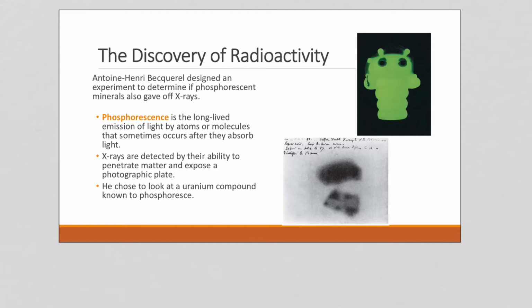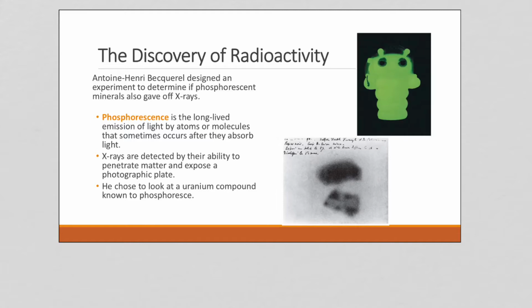So, in other words, he was looking for phosphorescence. He was studying these ideas of phosphorescence, but some of the compounds he was studying contained uranium. What he discovered was that this uranium, even when it had not been exposed to light, was put in a drawer, wrapped in a cloth, and the story goes that he accidentally, or maybe it was on purpose, I'm not sure we really know for sure, placed it near or on top of a piece of photographic film or a photographic plate.